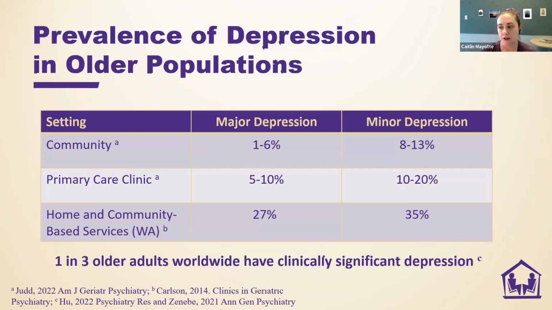If you add up both the major depression and minor depression prevalences, you can see that about 2/3 of the people receiving home and community-based services, this was from one study here in Washington, were experiencing depression. And I can guarantee you that not all of those people were receiving proper care for their depression. They weren't able to access that.